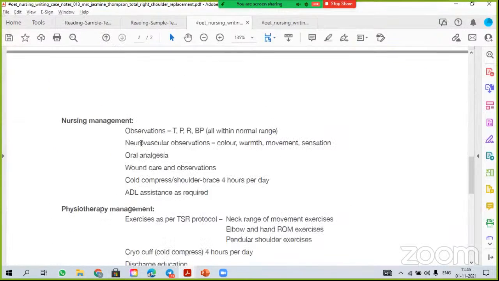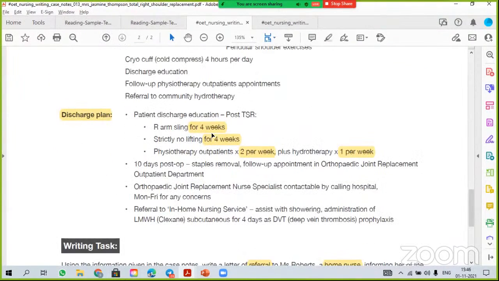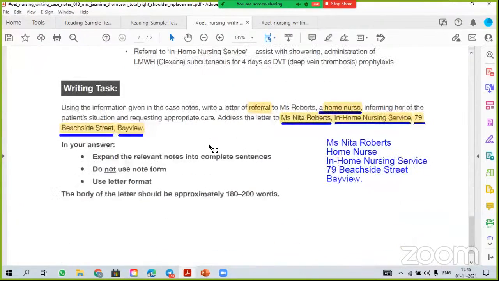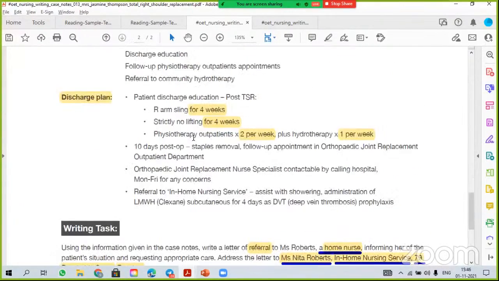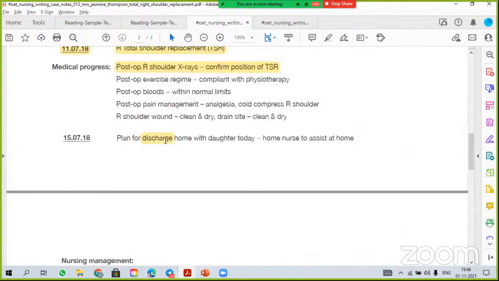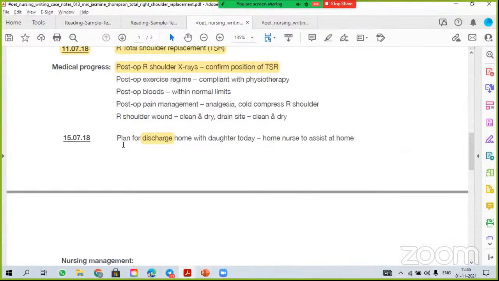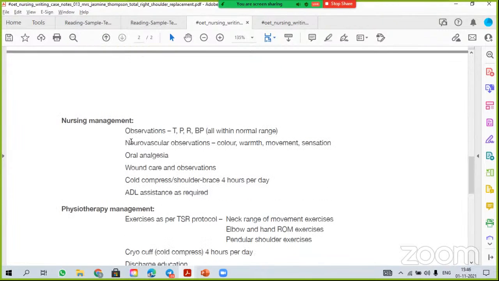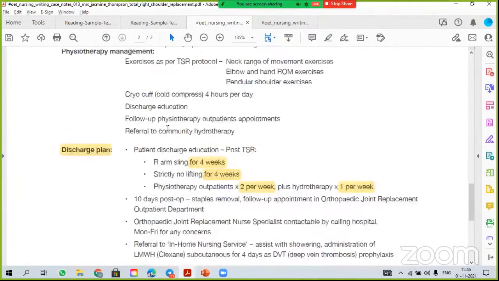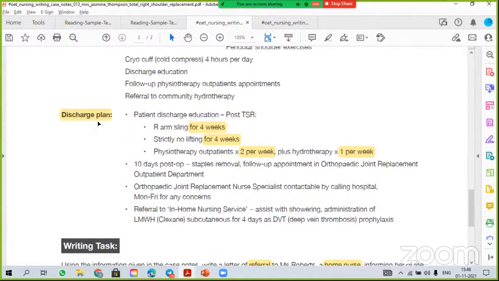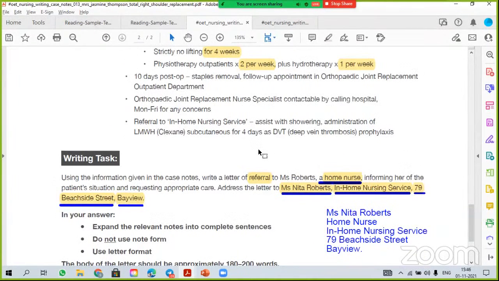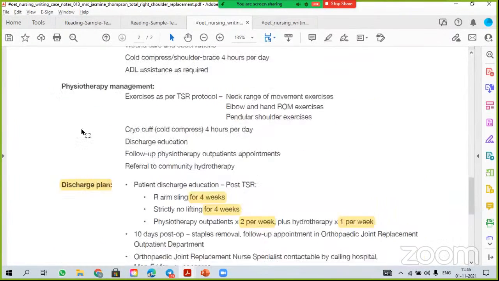Discharge. Yeah, discharging now. You can see here you are discharging now. Discharge plan. Okay, 11/7/2018, 15/7/2018. So after 15/7/2018, this is the discharge. Okay, so 15/7, same date.